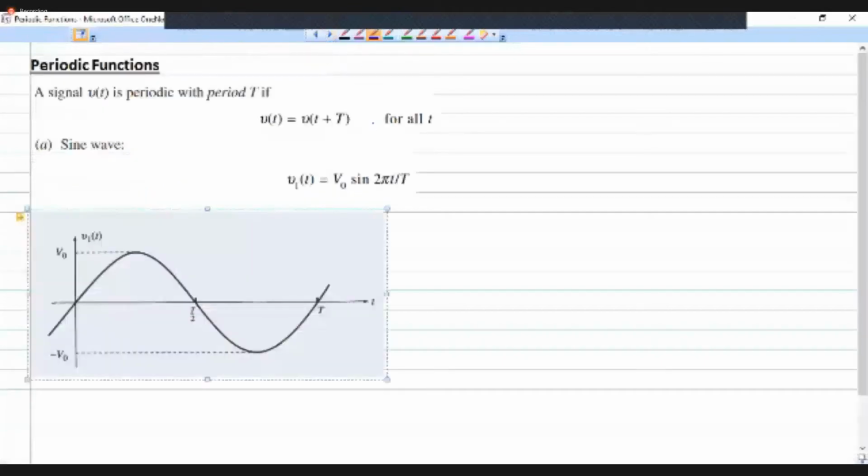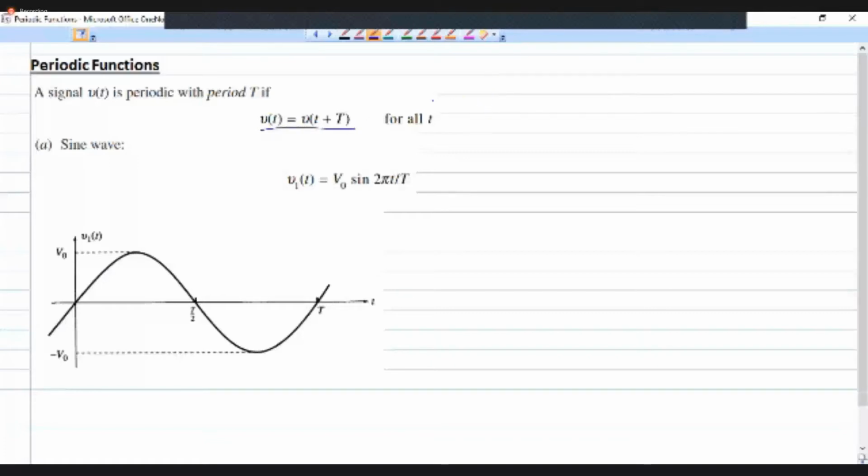To give an example, the most familiar and most commonly used periodic function is the sinusoidal function. Before we understand that, let us give a mathematical definition for periodic functions.